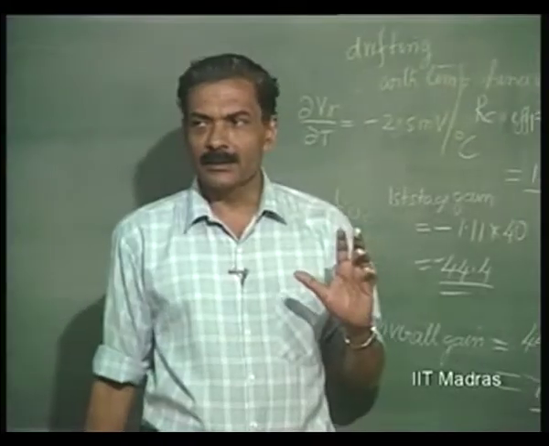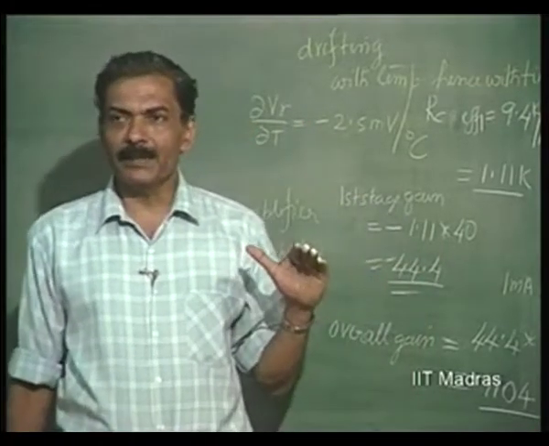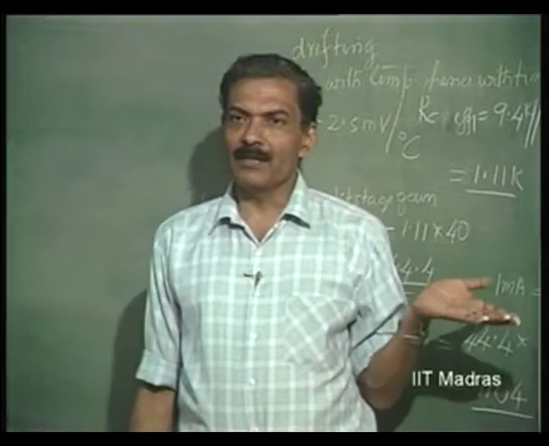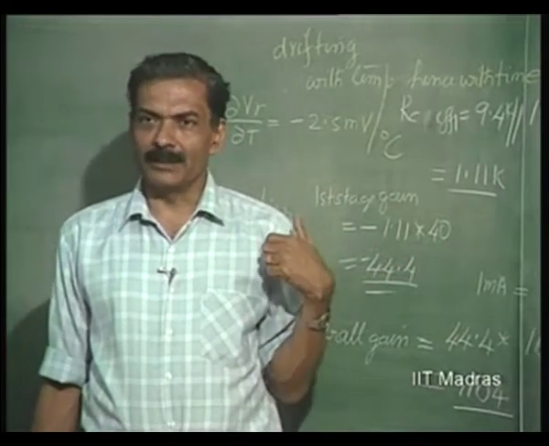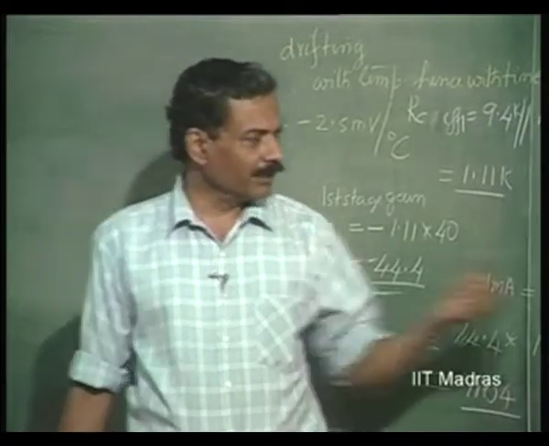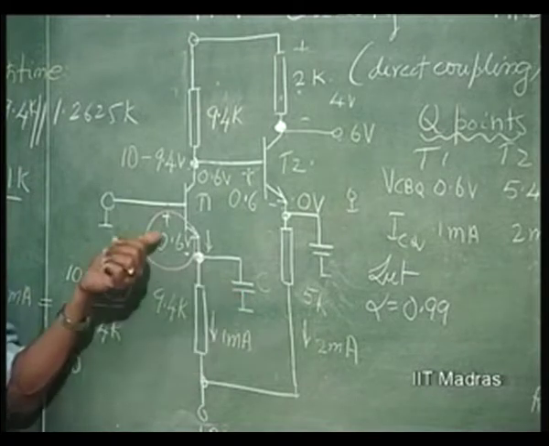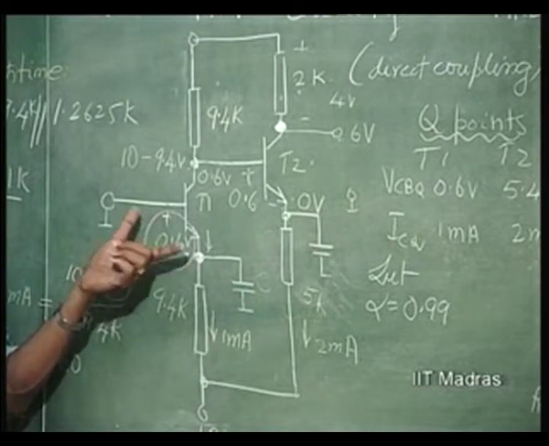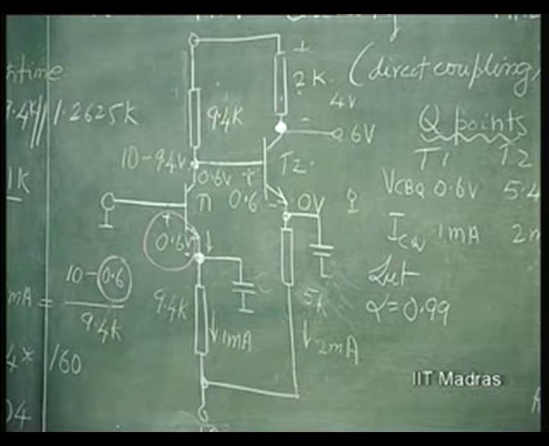In all these cases, this is definitely interfering with the signal, because I would like to make my video amplifier or DC amplifier operate up to the lowest signal of concern to me. That means I will put a huge value of capacitor here, so that it is capable of amplifying by a large extent.